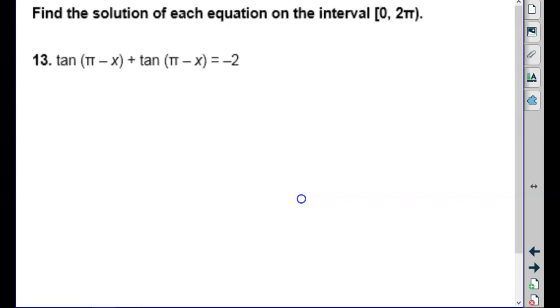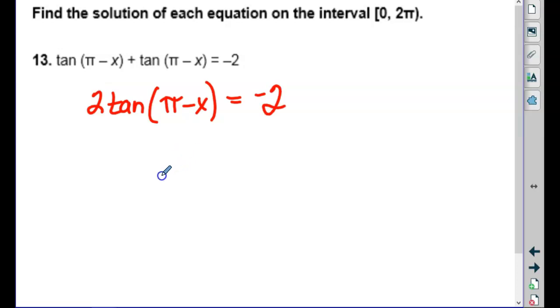Let's try 13. What's the rule say for tan? Oh, wait a minute. I see a shortcut from the very beginning. Doesn't this say exactly the same thing? Tan of this plus tan of this would be what? 2 tan of that equals -2.